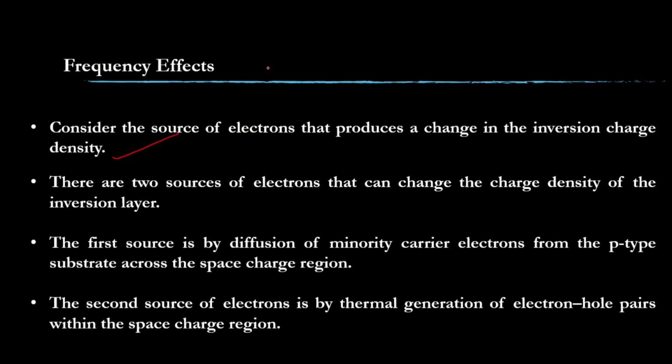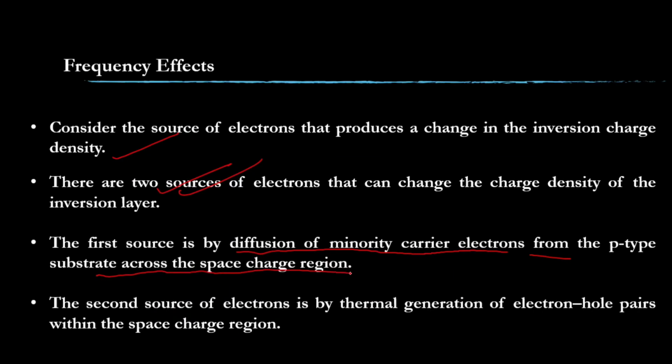If any material becomes an n-type material, the majority charge carriers should be electrons, okay. How are the electrons generated at the junction? There are two sources, okay. The first source is diffusion of minority carrier electrons from the p-type substrate across the space charge region.